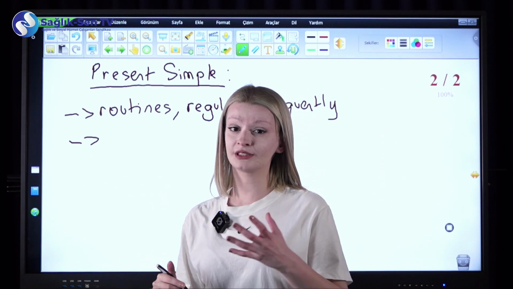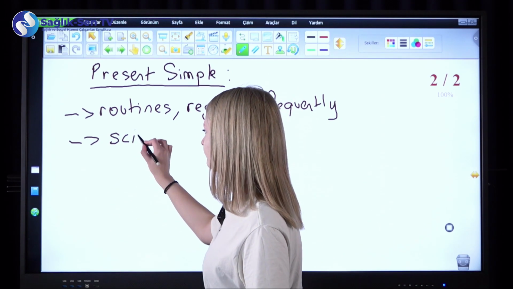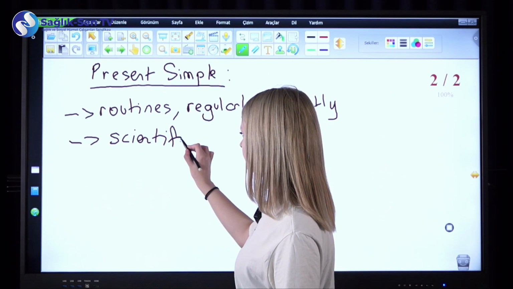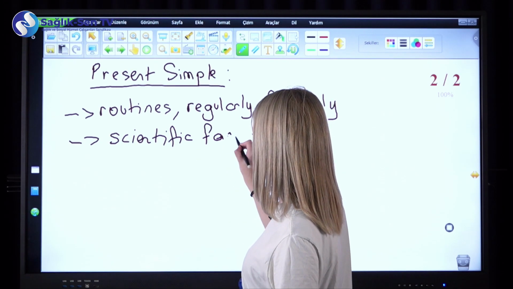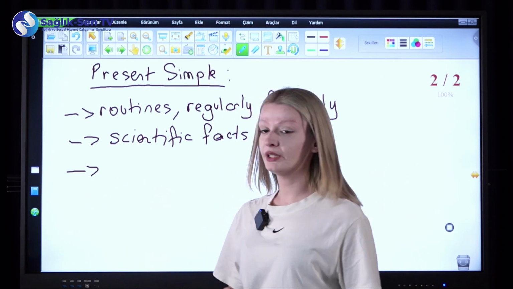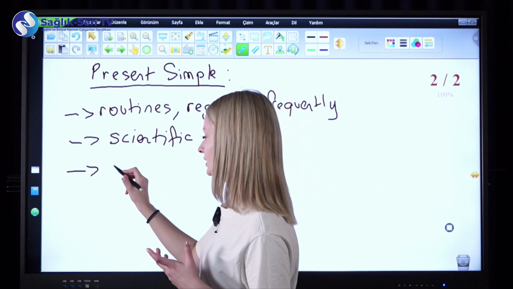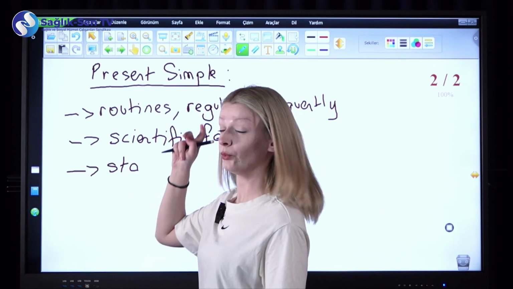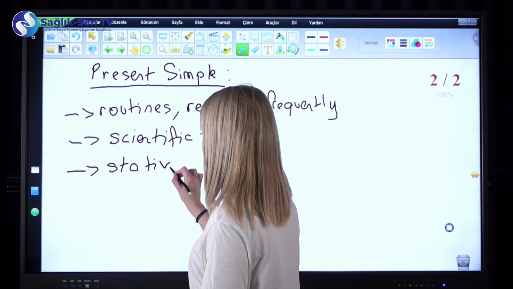We talked about scientific facts. Also, we said that we have some stative verbs which we use with present simple.